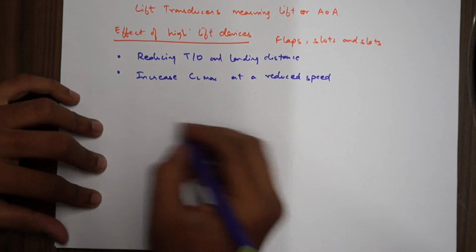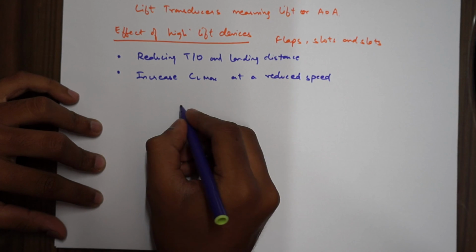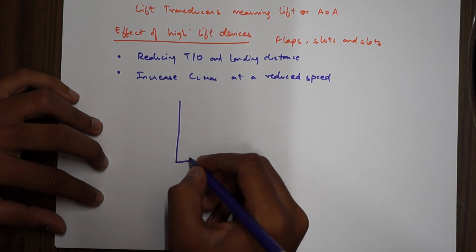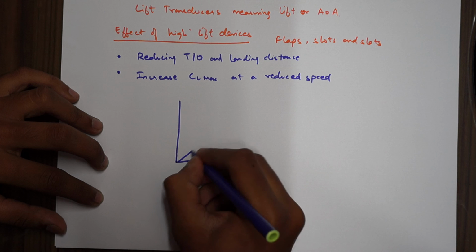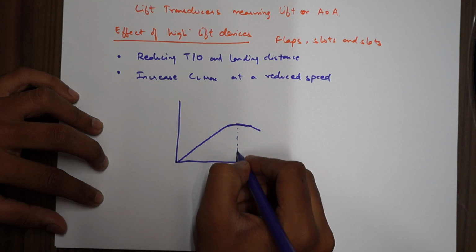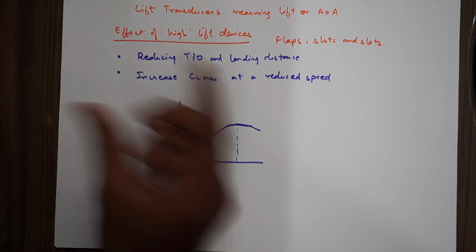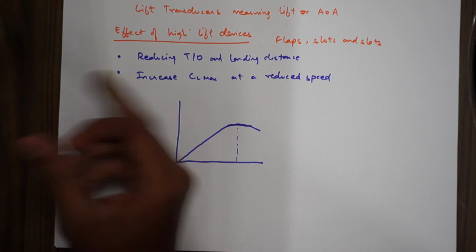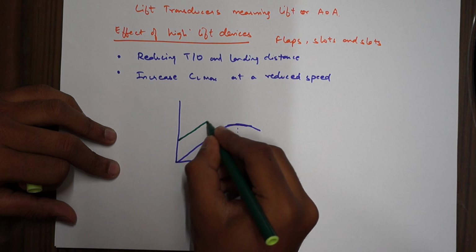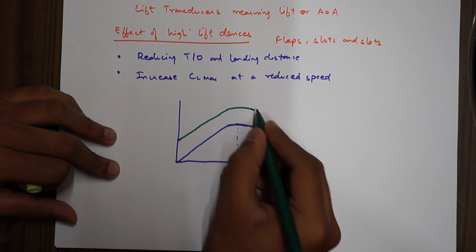So the graph, I'll show you the difference between the graphs. So say a normal graph, if you remember, is something like this. Okay, this is say the 15 degree point, but what high lift devices do is they generate lift like this.